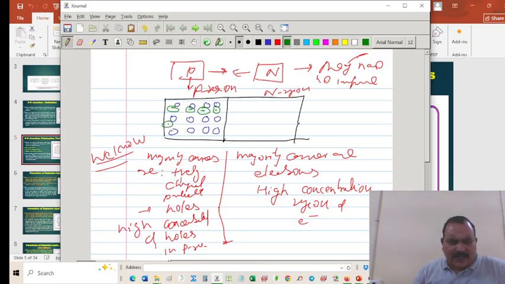So yes, I can represent the actual scenario there. And in another sense you can think that these are the ions of the dopant. If it is p type, we know that there is addition of trivalent impurity.